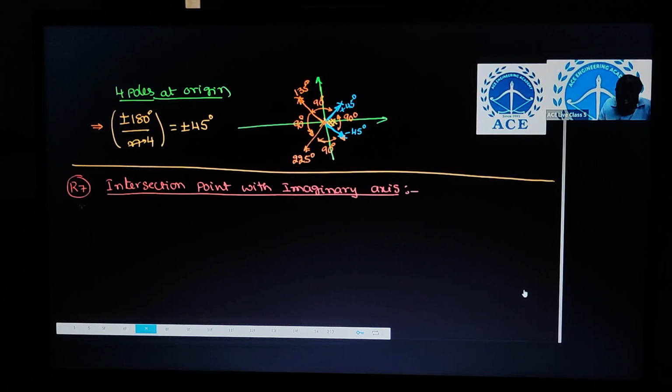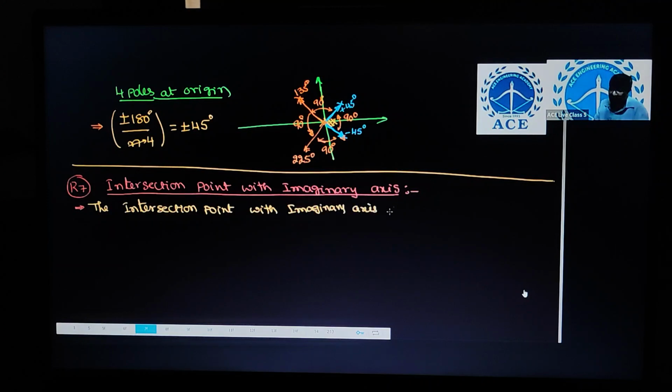The intersection point with imaginary axis is obtained by RH criteria.